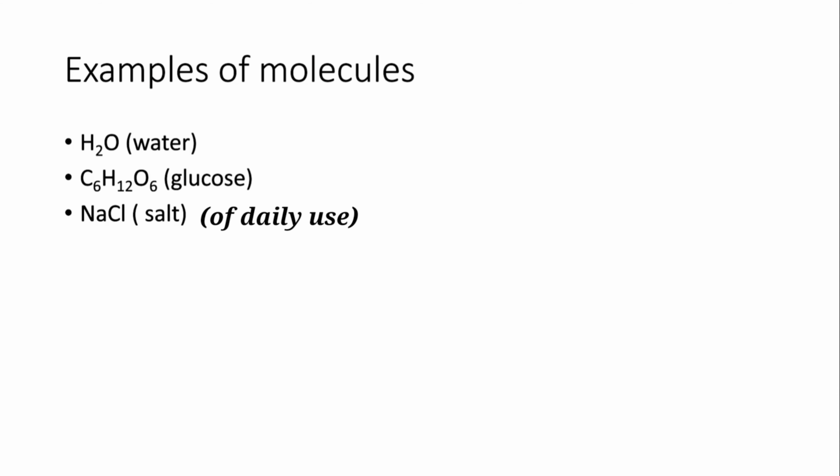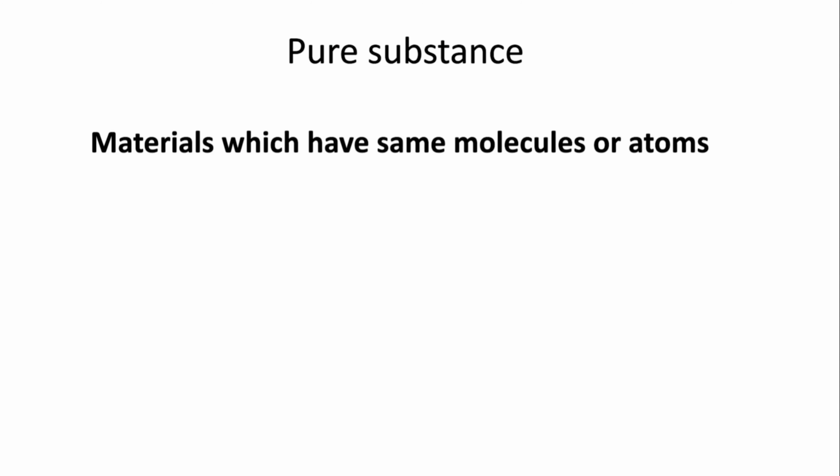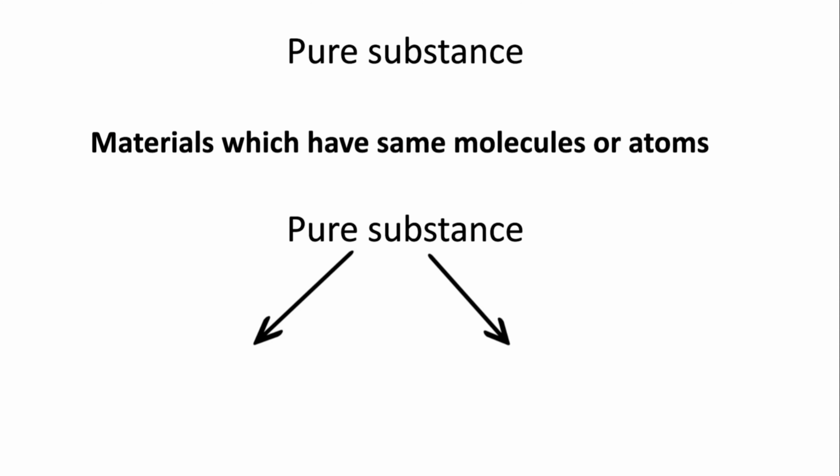Friends, in chemistry there is a type of term which is known as pure substance. It basically means that materials which have the same molecules or atoms in them are known as pure substances. Now we can divide pure substances into two types, which are elements and compounds.